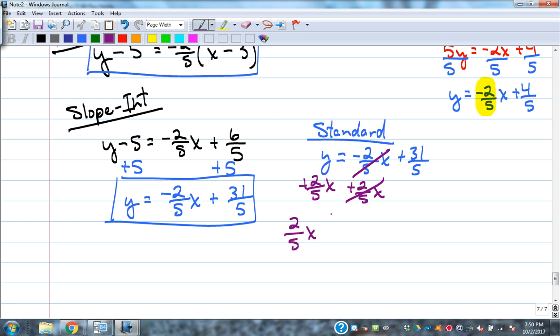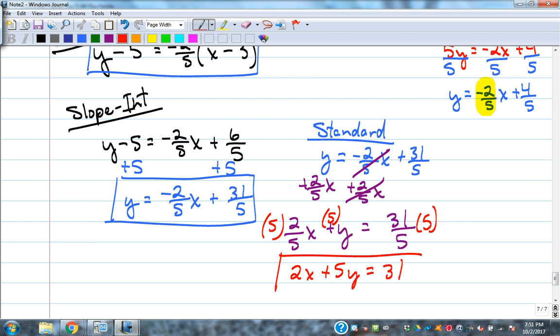That's 2/5 x plus y equals 31/5. How do I get rid of the fractions? Everybody gets multiplied by 5. 2x plus 5y equals 31. And there's standard form.